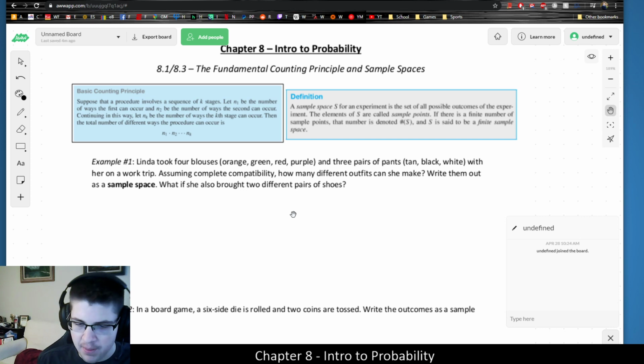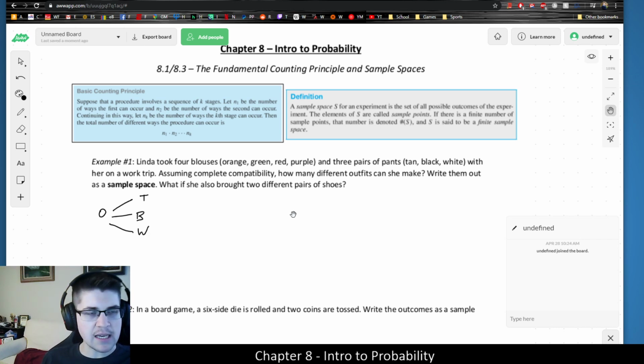She could pair up an orange blouse with a tan pair of pants. We could write that by writing out the letters of those things, using just OT. Or, another way that people will often write the combinations is, she could start with an orange shirt and then pair that with the tan pants, or the orange shirt with the black pants, or the orange shirt with the white pants, right? And that would give us 3 unique outfits.